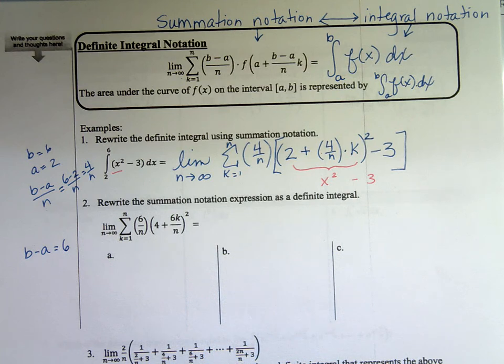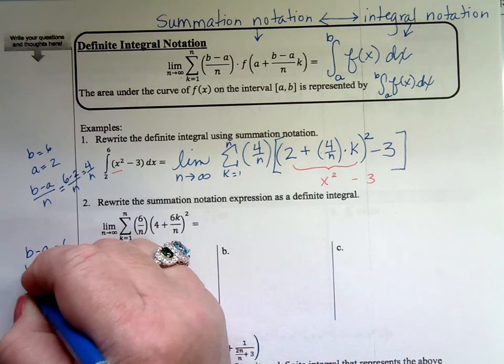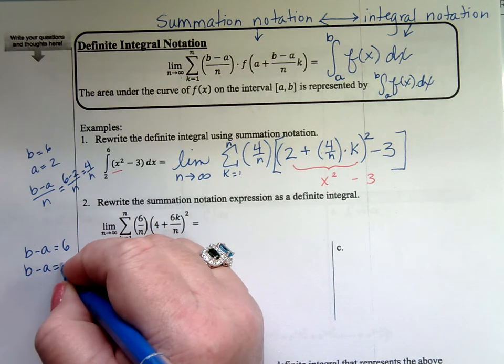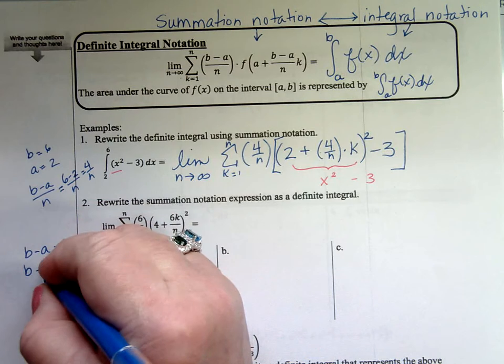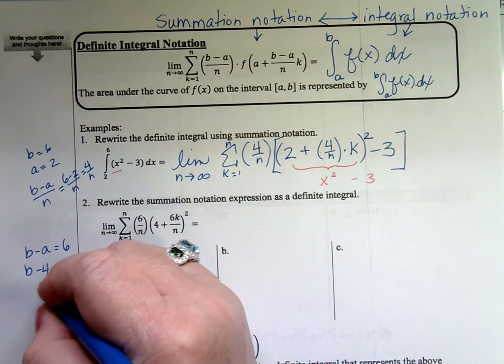And I do if I look over here, right? A is 4. Sorry, I should have put the 4 in. If A is 4, then B equals 10.